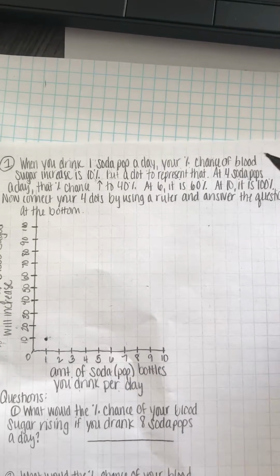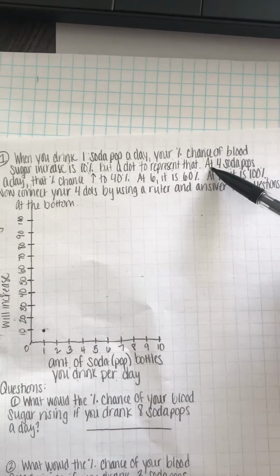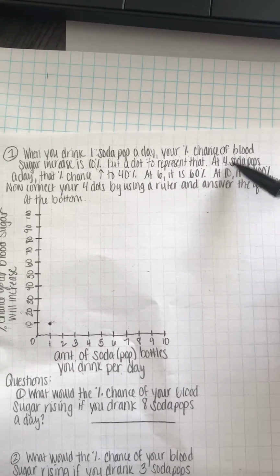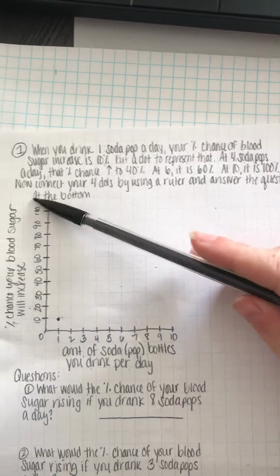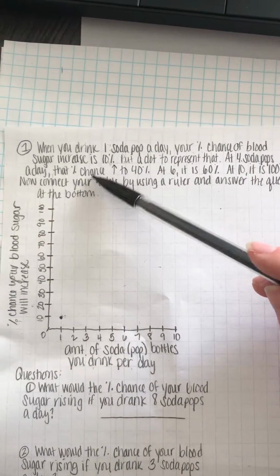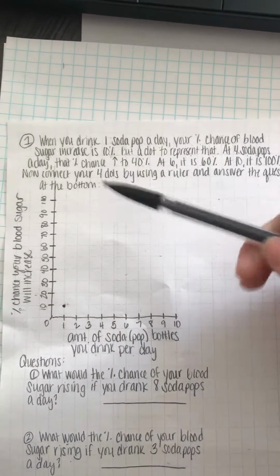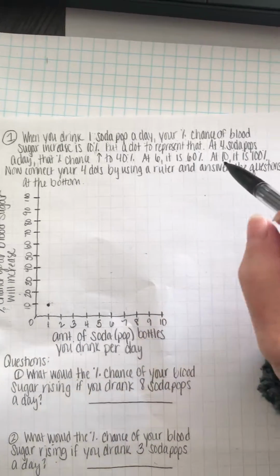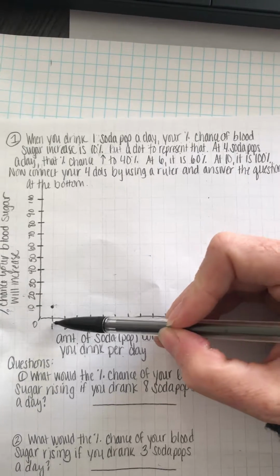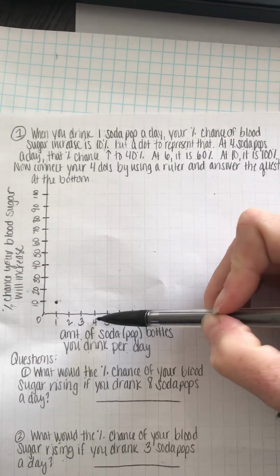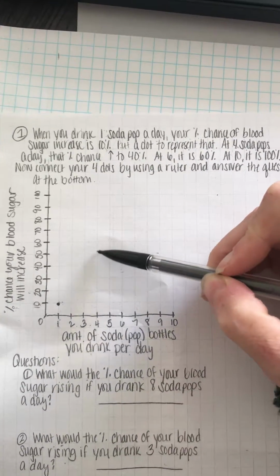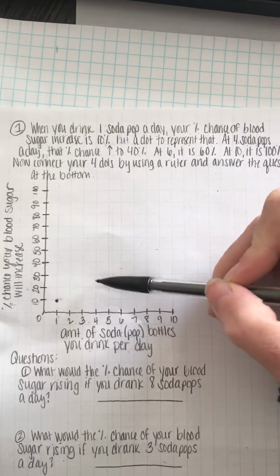So now let's look at 4 soda pops. So at 4 soda pops a day, that percent chance increases to 40%. So now, same thing, I have to put a dot there. So I go over to 4, so 1, 2, 3, 4. So this dot's going to be somewhere on this line.